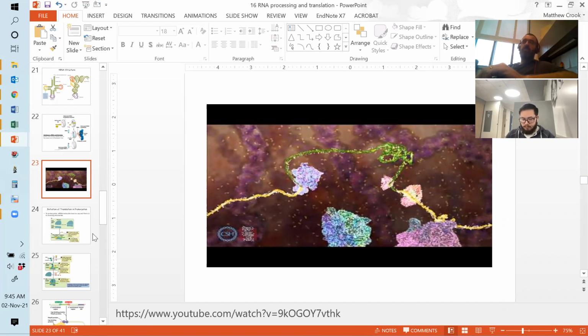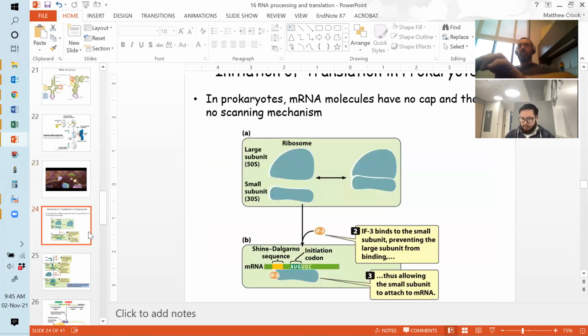And this is one example where bacteria and eukaryotes are quite different, right? They both have small and large subunits. As you can see here, they're actually different sizes. The ones in eukaryotes are a bit bigger, for whatever reason. More proteins, I guess. But there's some key differences.